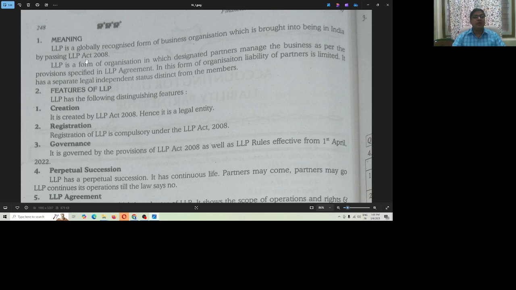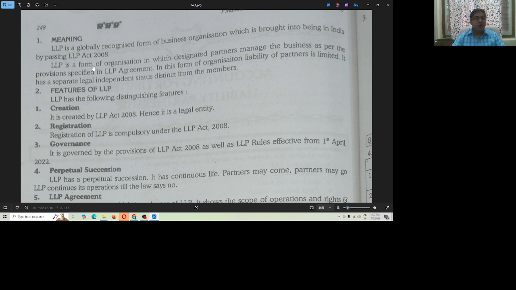Before that, we had the Act of 1932. Now this particular limited liability partnership form they introduced, and they passed one act in the year 2008. Now this is the LLP Act 2008.